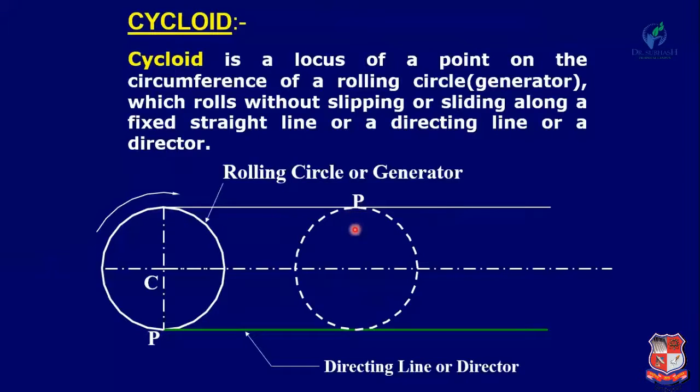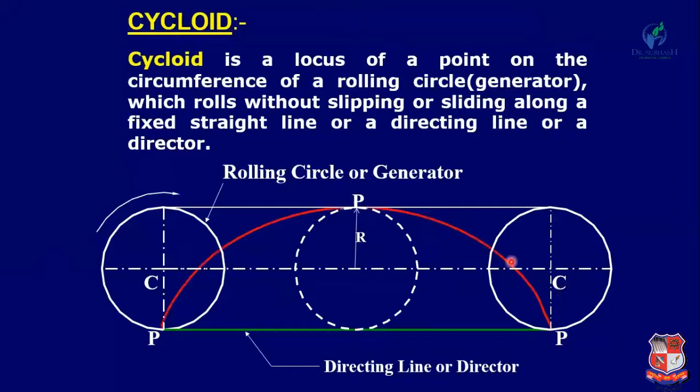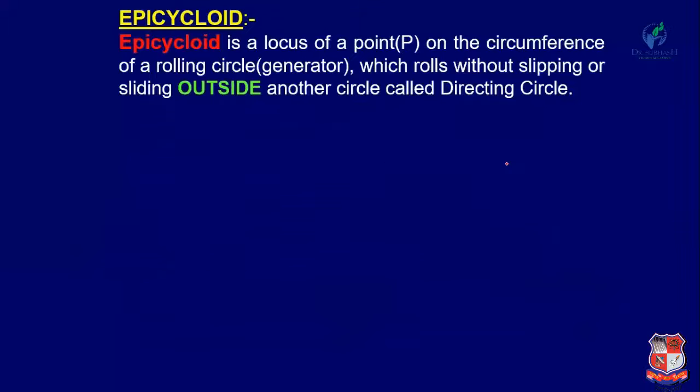For the next 1/2 revolution, the point P will reach here. Now the path of this point P is known as a cycloid. So this curve is known as a cycloidal curve.